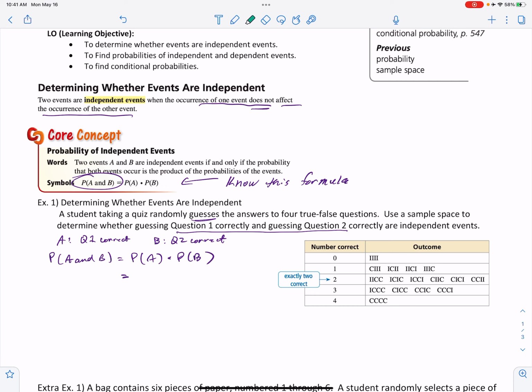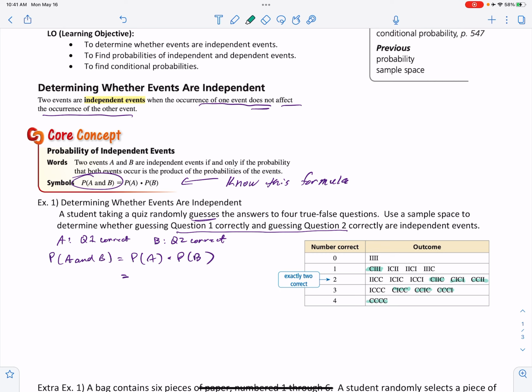And getting question 1 correct doesn't mean correct only. It's just any time you see in the first letter that it is correct, in that first question it was answered correctly, we've got to take it. It doesn't matter what else happened. So I see correct here, correct in the first position, correct in the first position, in all of those.